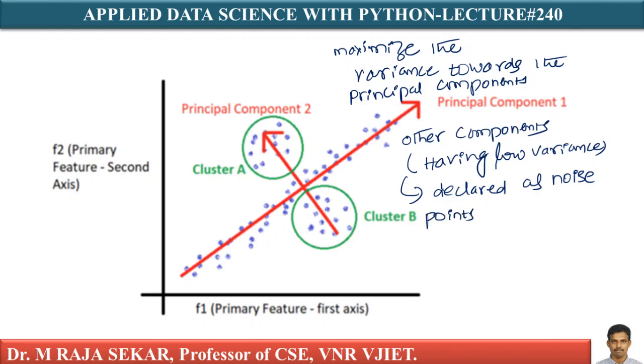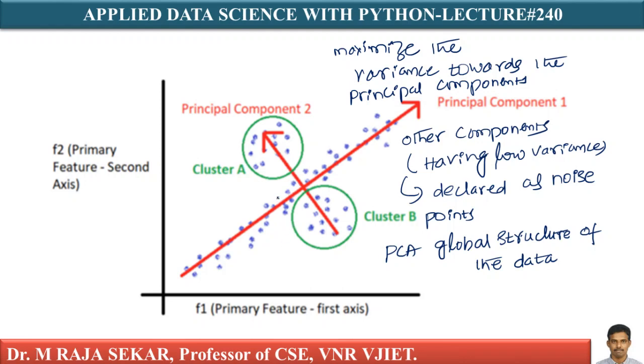This is the biggest drawback of principal component analysis. So PCA tries to maintain the global structure of the data. This also I discussed. It will try to maintain the global structure of the data.